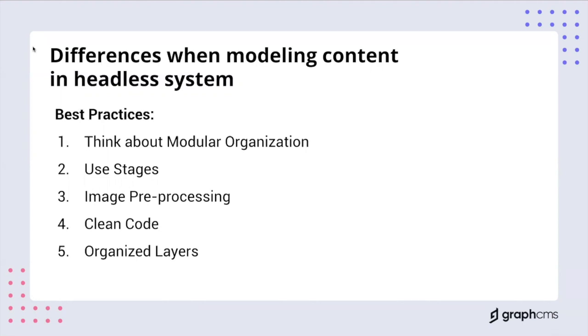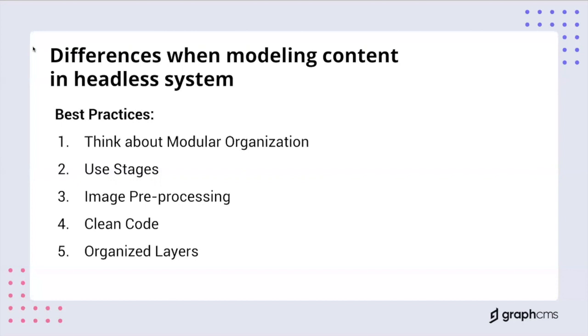What do you mean by thinking about the modular organization? Yeah, so there are general best practices. We always think about how we are going to create the models, because we want the models to be very well defined, and we don't have to do workarounds later or some weird things with it.